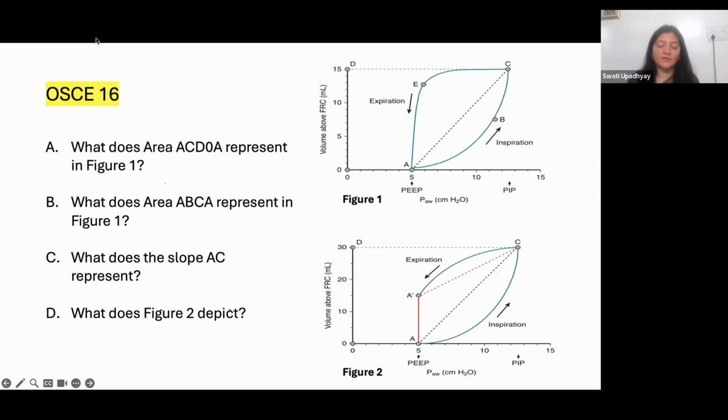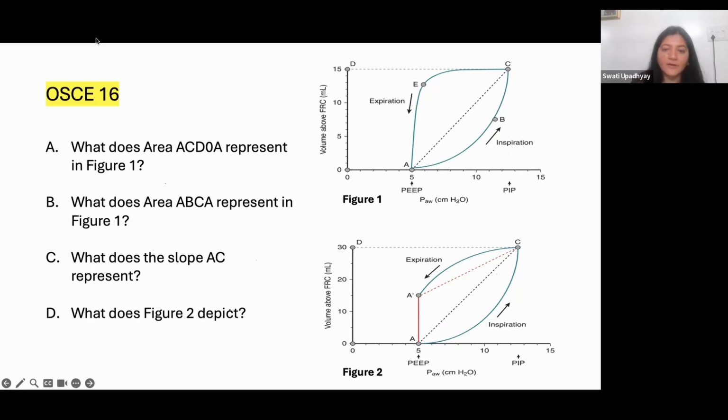AC compliance, okay. What about the areas under ACD0A and ABCA? No, not resistive work.